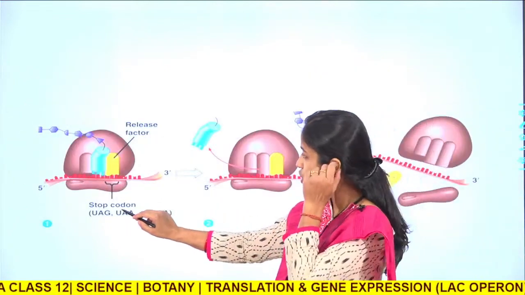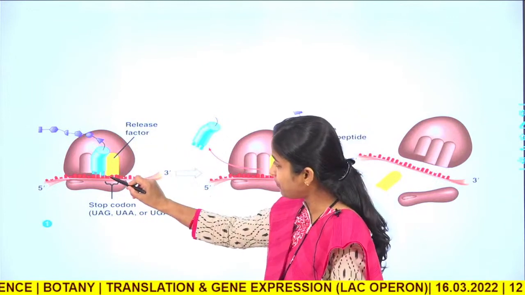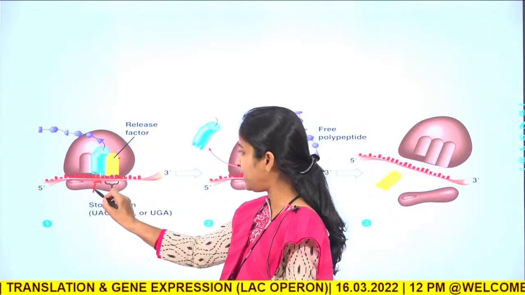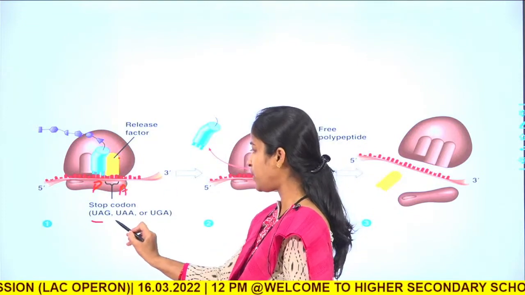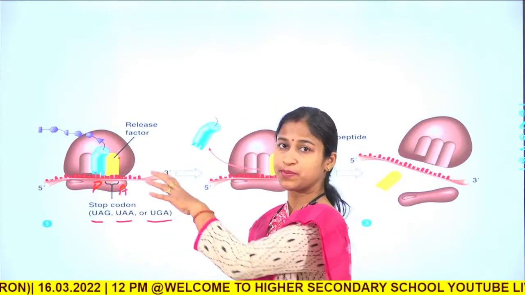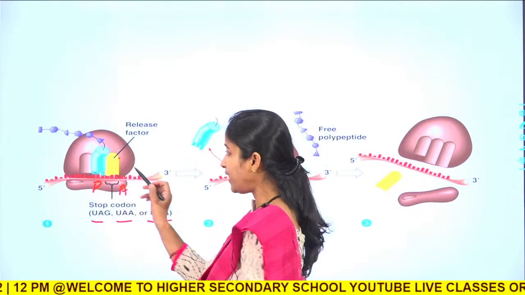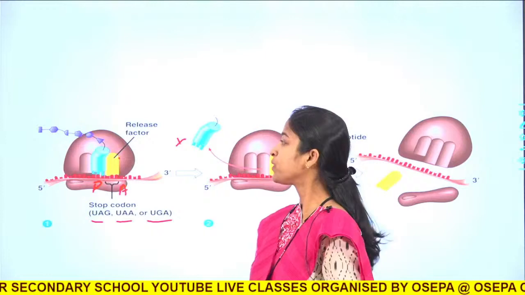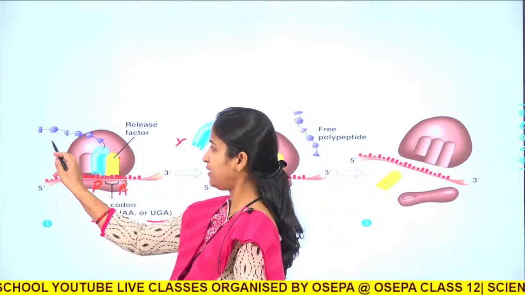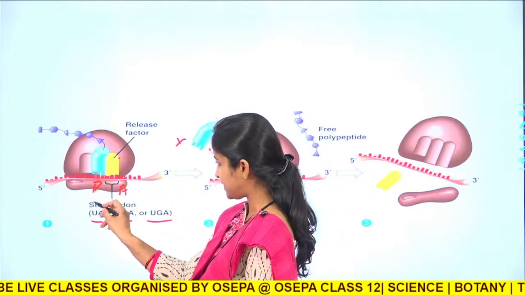Now this is the stop codon. Here this is the peptidyl chain, and a fresh A site is created where either UAG, UAA or UGA is now present. It is not recognized by any tRNA, so the peptidyl chain is carried over on the P site.